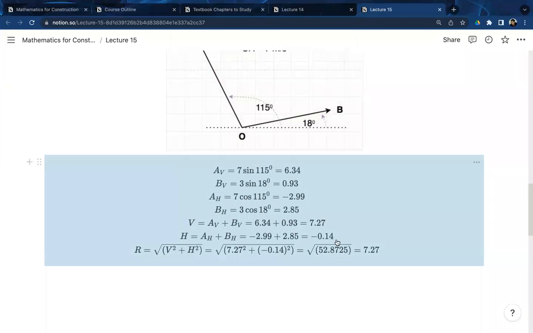Same as the vertical component, because this is very small. There's a very small deviation left in the horizontal direction. So the angle will be very close to 90 degrees, right?